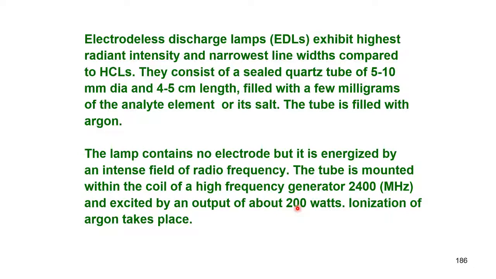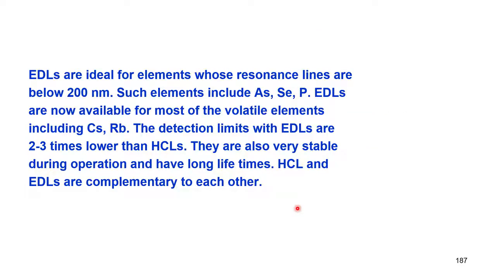There are others also. For example, you can use a xenon lamp. A xenon lamp gives you very high intensity radiation at all wavelength frequencies, right from UV to visible.